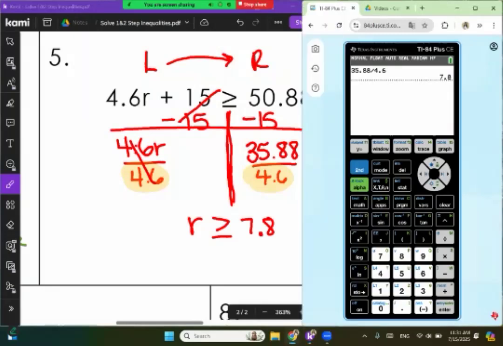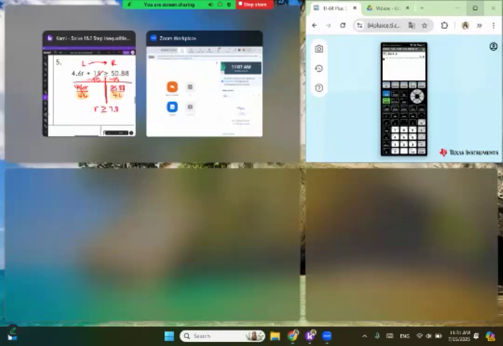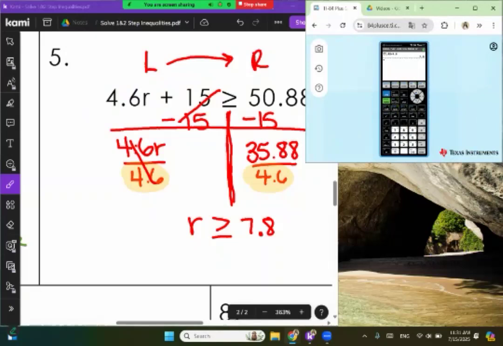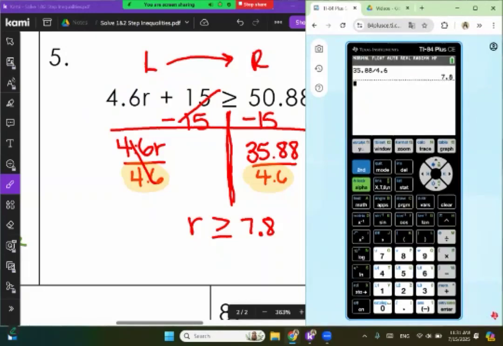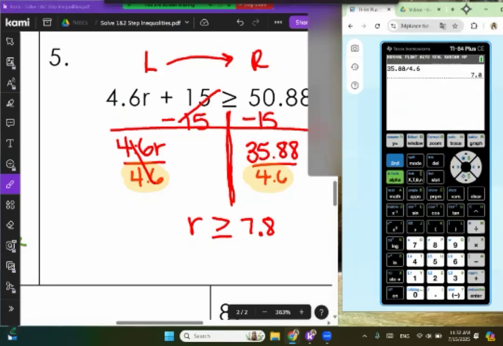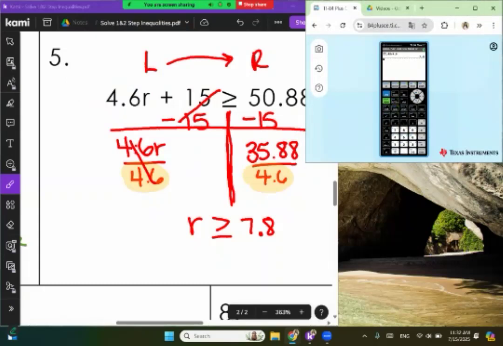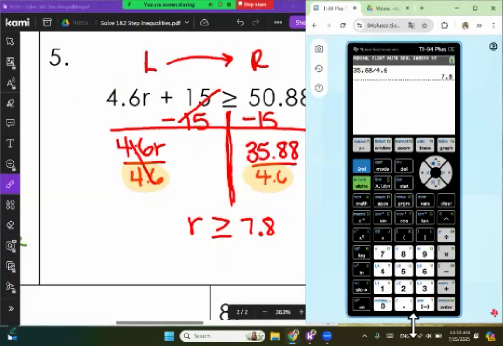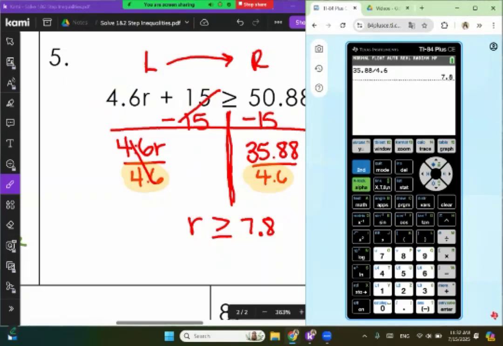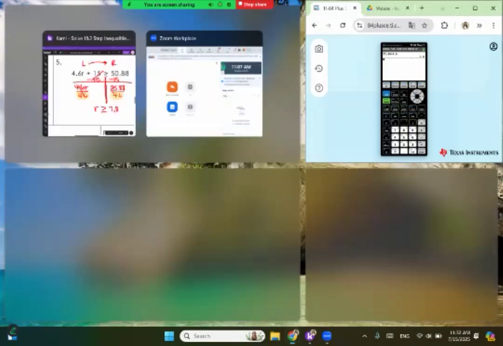7.8. I wonder if I can move this over some too. No, come back. What did I just do? I just wanted to move it over some. Nope. I keep messing up. Guess I'm not going to be able to. I almost had it right.